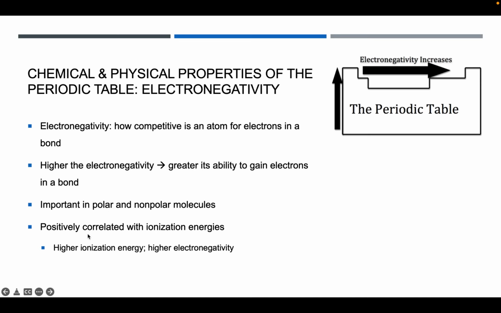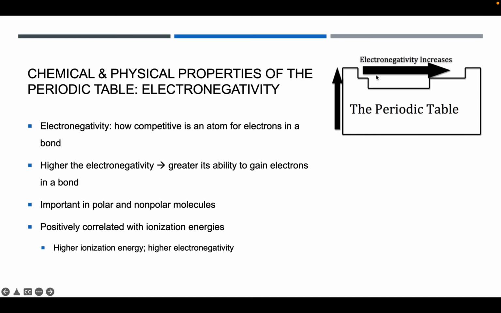These positively correlate with ionization energies. So if I have a higher ionization energy, I'm going to have a higher electronegativity. When looking at the periodic table, the reason why oxygen was so electronegative versus hydrogen is because oxygen sits around here, this general area in the periodic table, whereas hydrogen sits all the way up here.